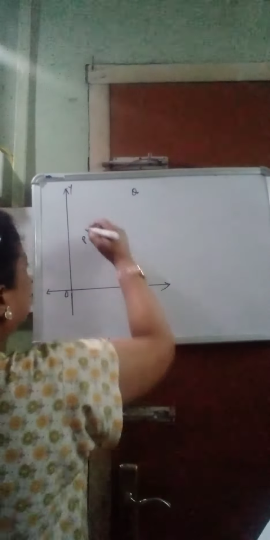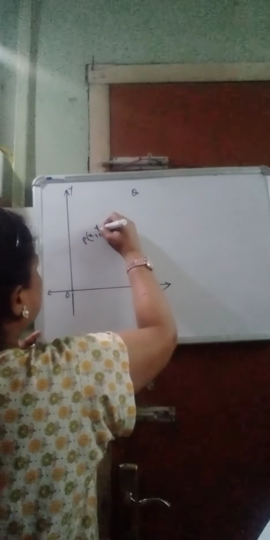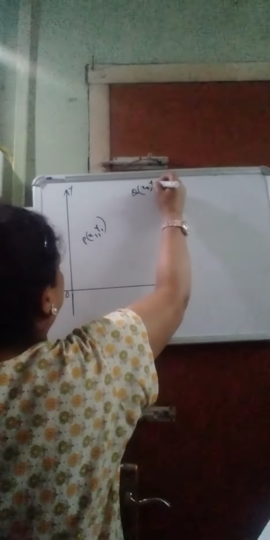Now suppose I take 2 points, P and Q. Here P is (x1, y1) and Q is (x2, y2). So now my goal is to find out the distance between P and Q.